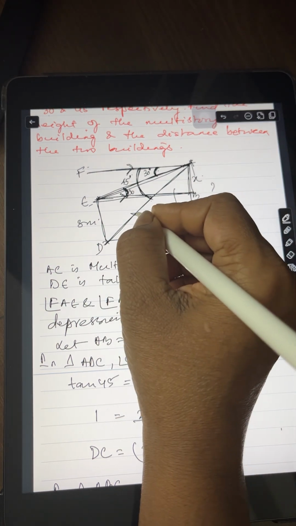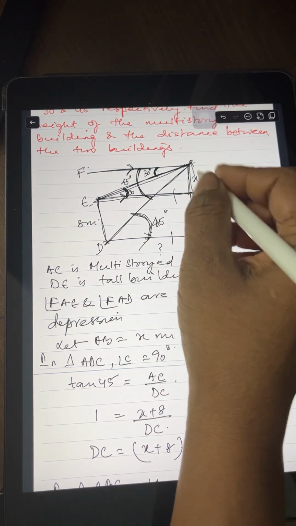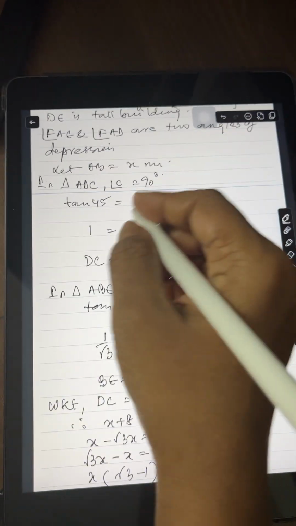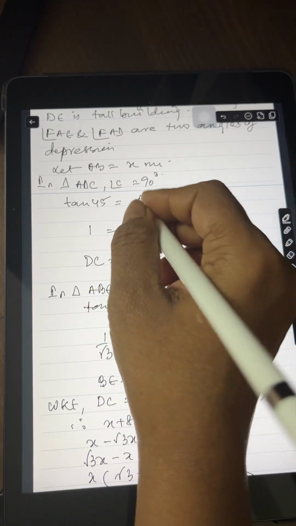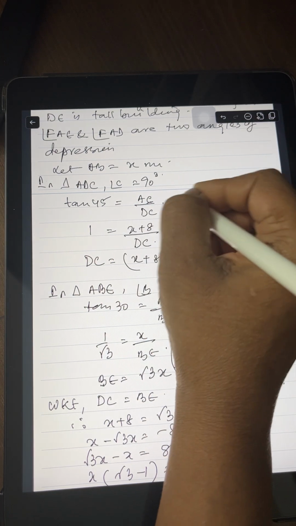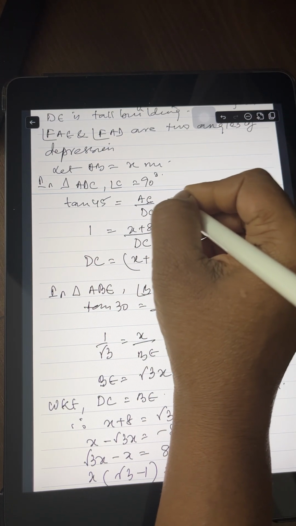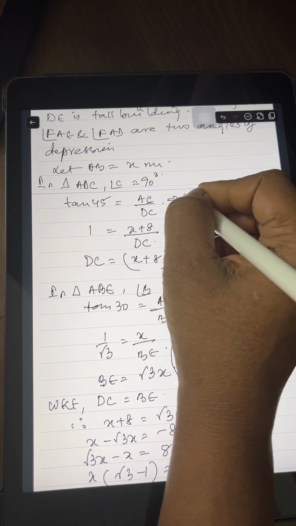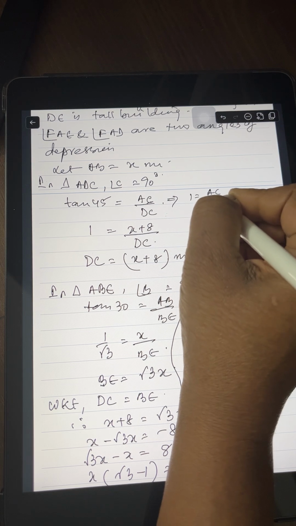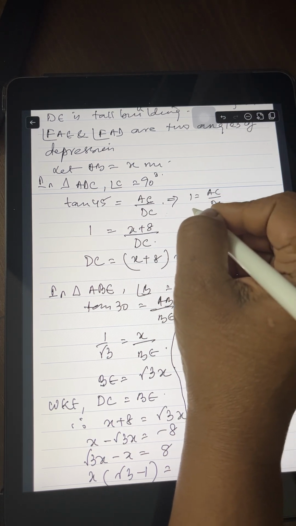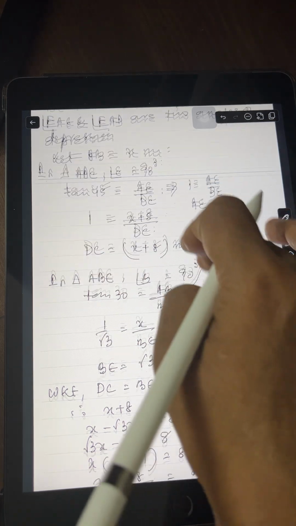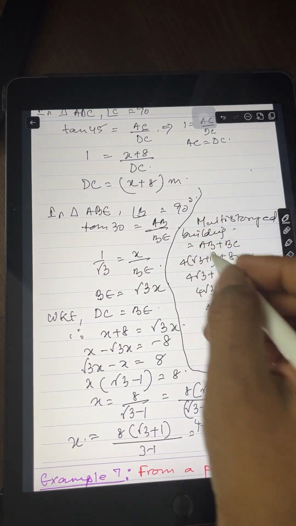And now you see this is 45 degree. AC will be equal to DC because we have already proved here AC is equal to DC. One step is, 1 is equal to AC by DC. So by cross multiplying, you can say AC is equal to DC.